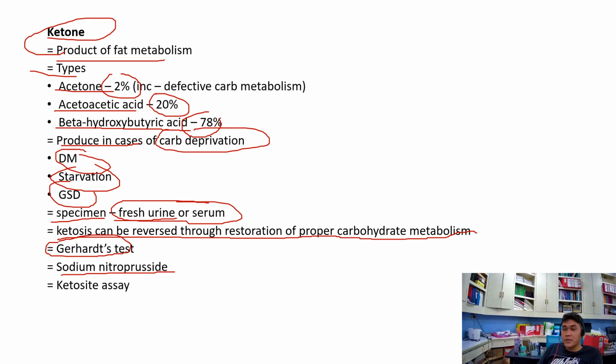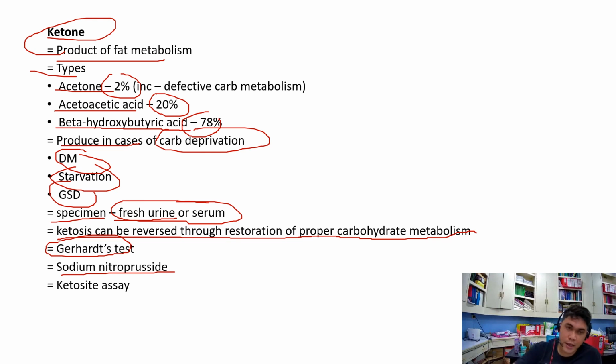This is the principle in your chemical urinalysis for ketones. It's used to measure acetoacetic acid, but if you add glycerin to the reagent, then you can also measure acetone.